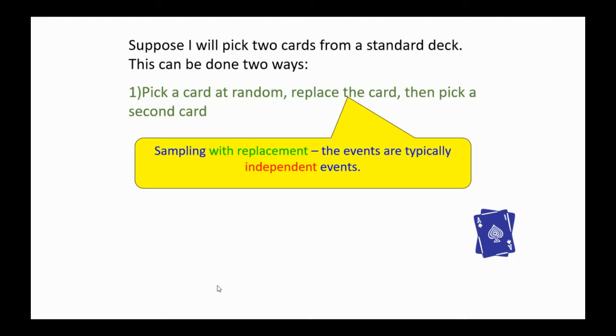Since we're sampling with replacement, meaning we're putting the card back, these events are independent. We draw a card, we put it back in the deck, and then we draw another.